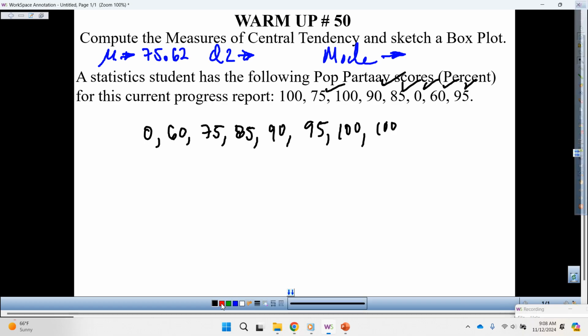You passed it to AJ, but AJ already helped us out, so let's pass it to Jacob. All right, Jacob, what's Q2? Or the median?